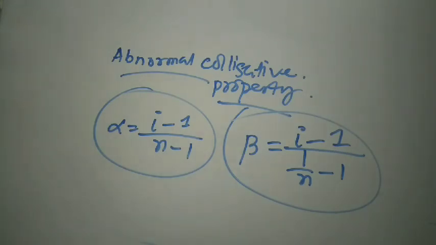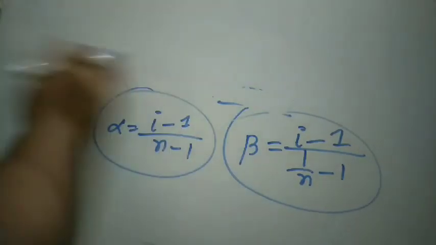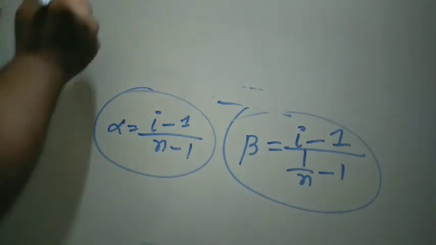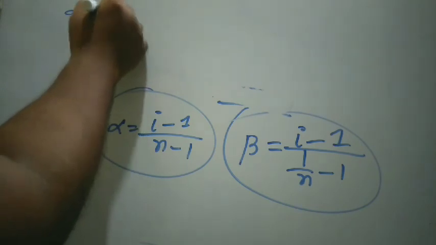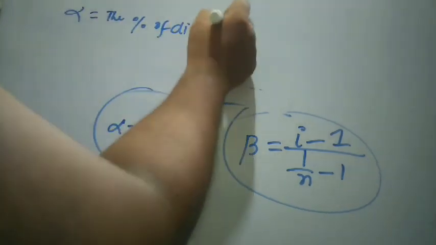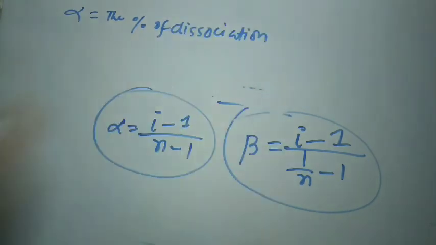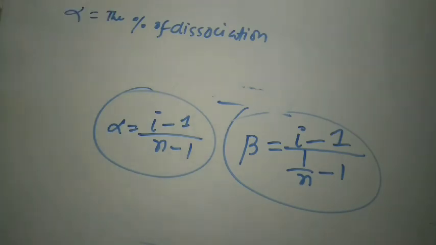I will let you know about the terms. What do the terms signify? Look, alpha. What is alpha here? Alpha equals the percent of dissociation for the salt or the solutes which got dissociated. For them, alpha is the percent of dissociation, right?